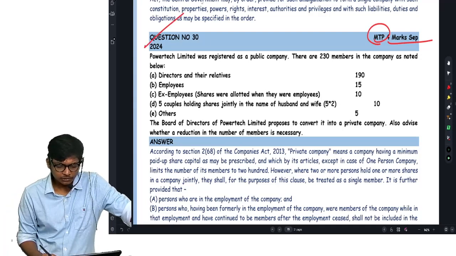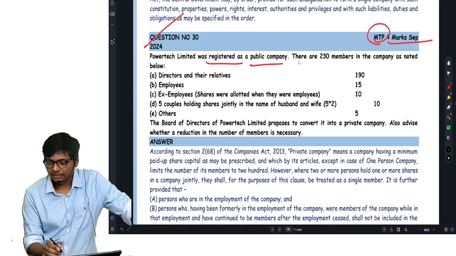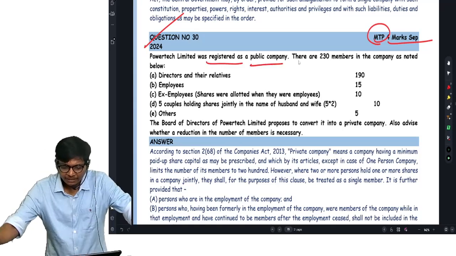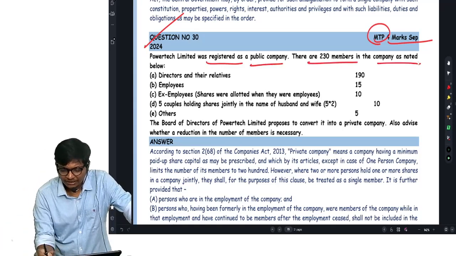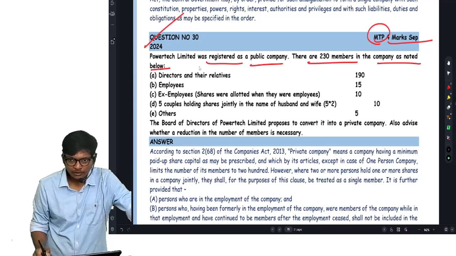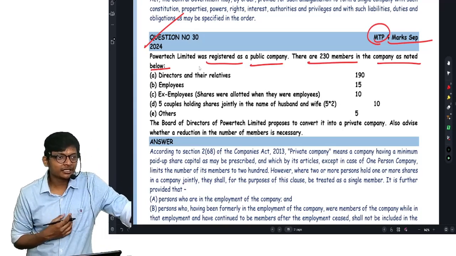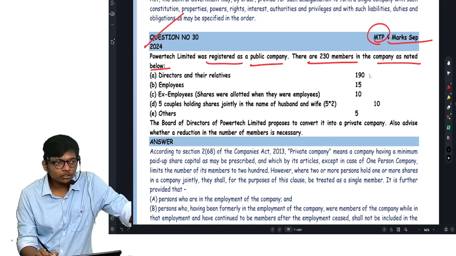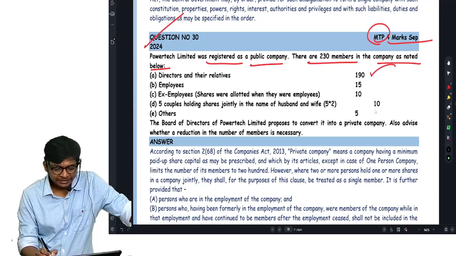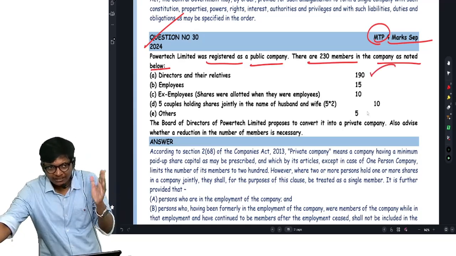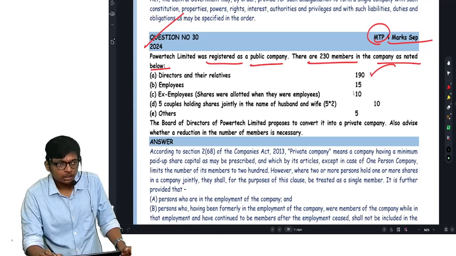Next, question number 30. PowerTech was registered as a public company. There are 230 members in the company as noted below. Private company limited. Let's quickly count. Directors, will I count 190? Yes. Employees?